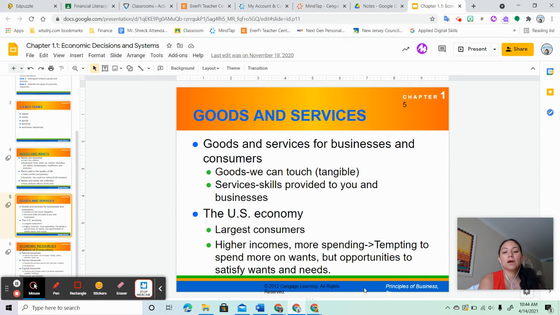So the U.S. economy, this is where we're tying this all in as far as needs and wants and goods and services. How does the U.S. economy work? Well, the U.S. economy is considered to have one of the largest consumers. That means we, as Americans, we love to spend. We love to use products. We love innovation.